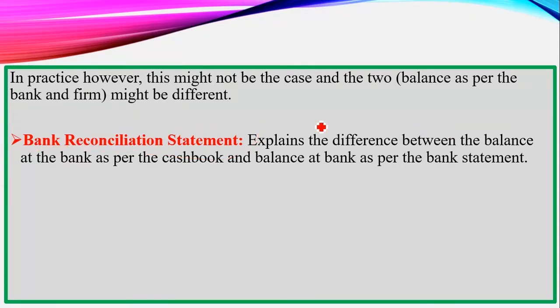Remember, these two, the cash book and the bank statement, are both of them giving a summary of transactions in the bank. So you find that a cash book might be having a closing balance of 20,000 and the bank statement is having a closing balance of 50,000. So to explain why these two are having a difference, that is why we normally prepare what we call a bank reconciliation statement.